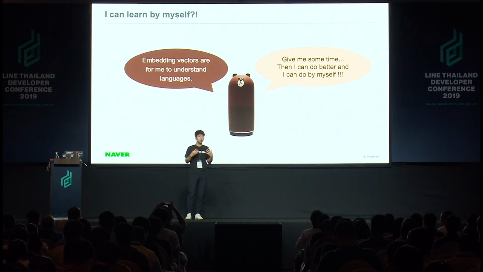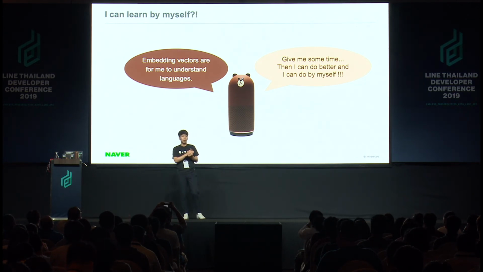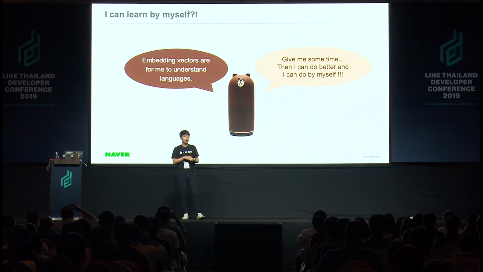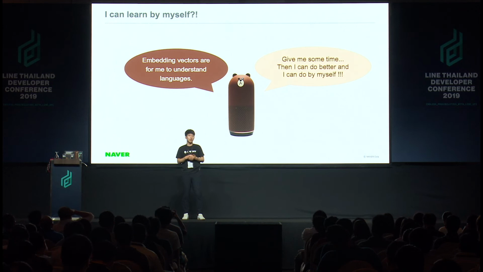But we think differently. We think that if we let our deep learning models learn languages by themselves, then we can have more powerful engines. Think about it like this.